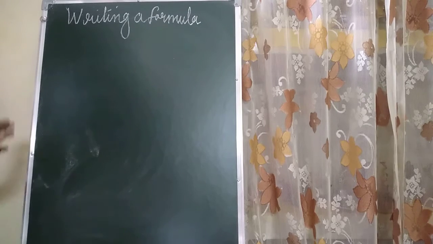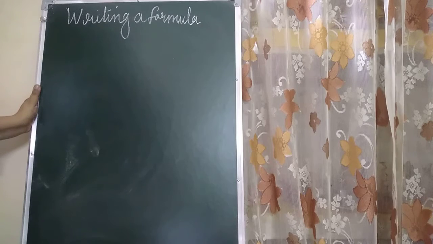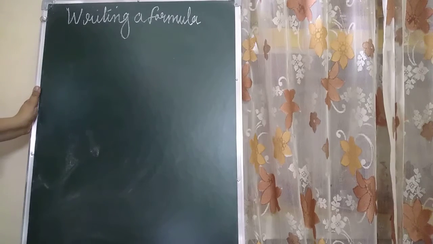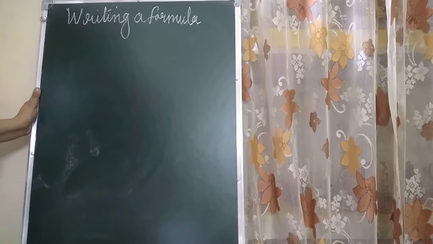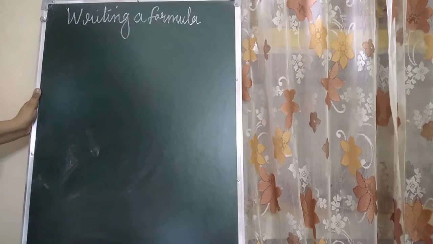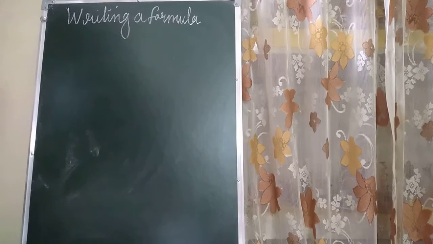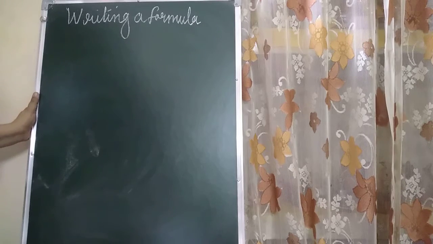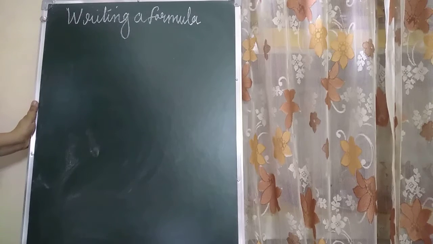We can write the formula of a compound if we know the symbols of the elements or groups it is made up of, and the valency of the elements or groups it is made up of. So we can write down the formula, children. Now how to write it down, what are the steps involved? Write the symbol of the element or group side by side.